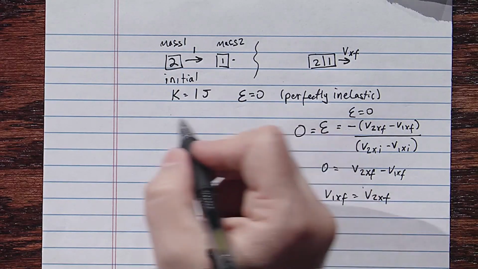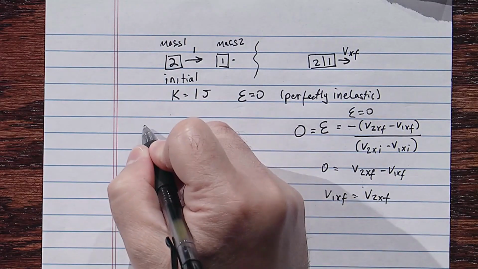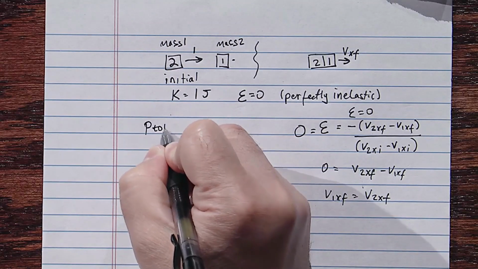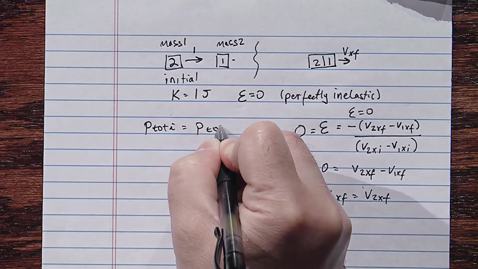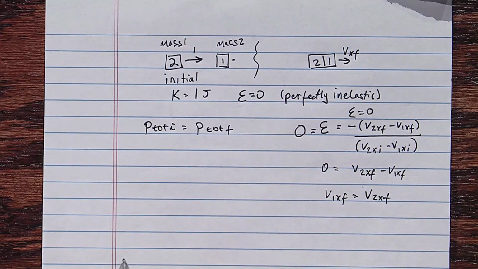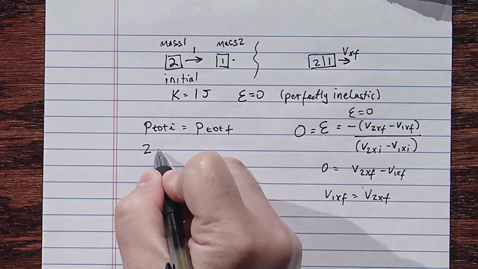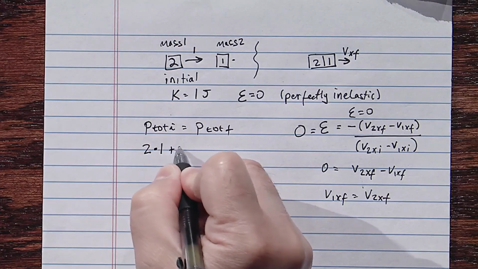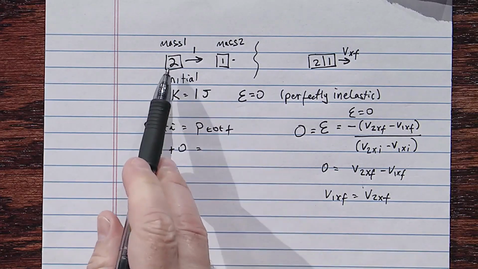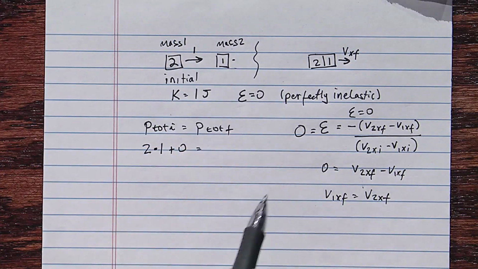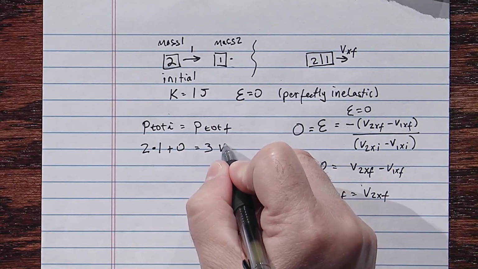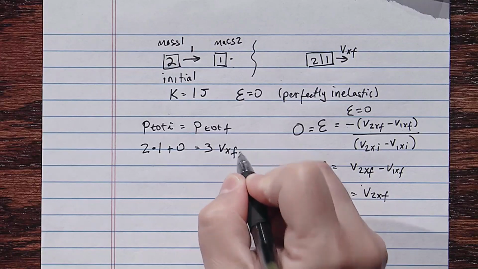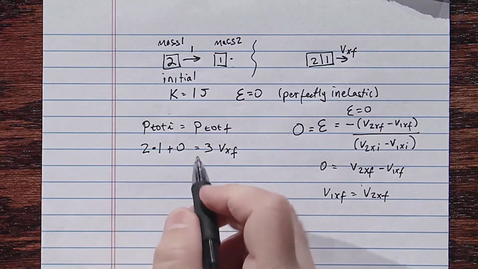So now, when we use our conservation of momentum, P total initial equals P total final, we get 2 times 1 plus 0 equals 3 times Vx final. 2 times 1 is 2.